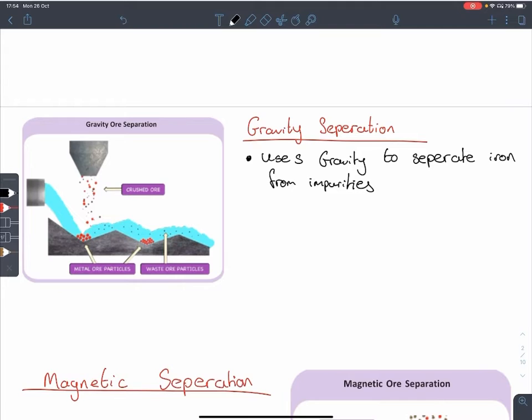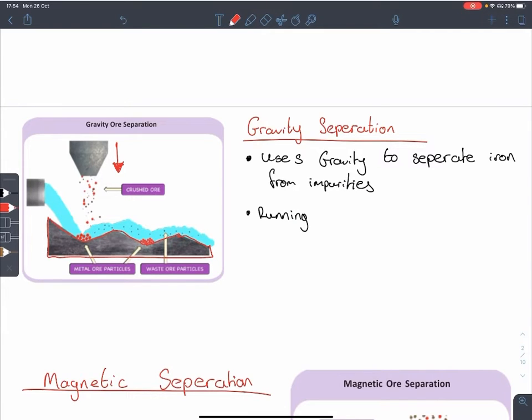Now, it does this by using running water. How it uses the running water is the iron ore is dropped down into the running water, and the path of the running water has loads of grooves on it. So as we can see here, there are grooves that the running water will run through.